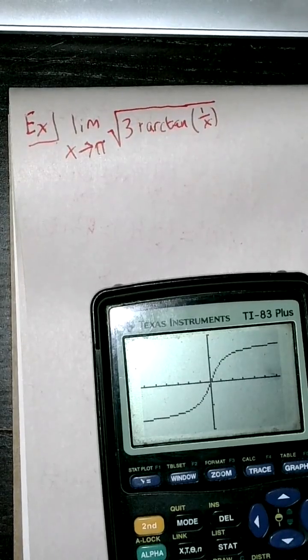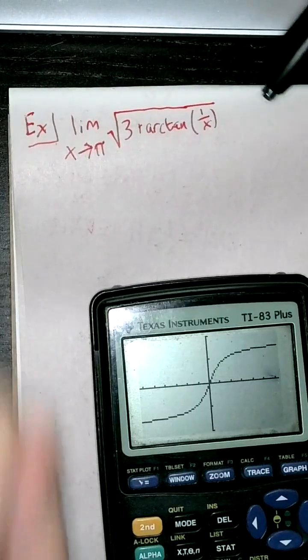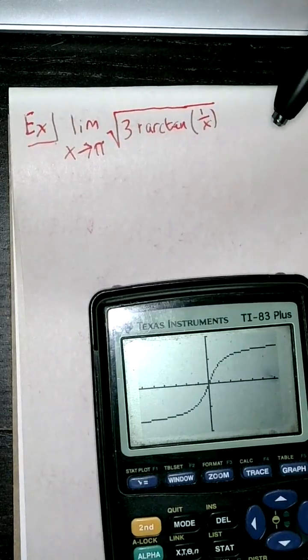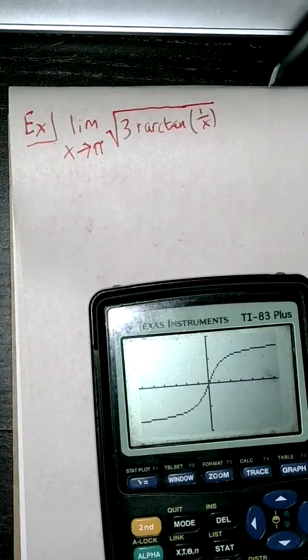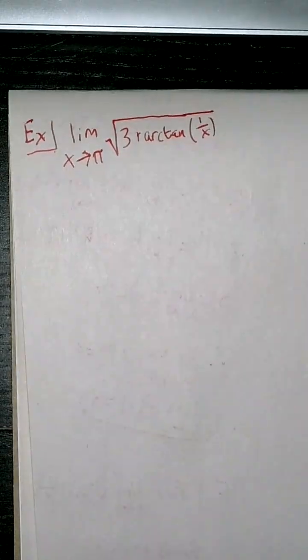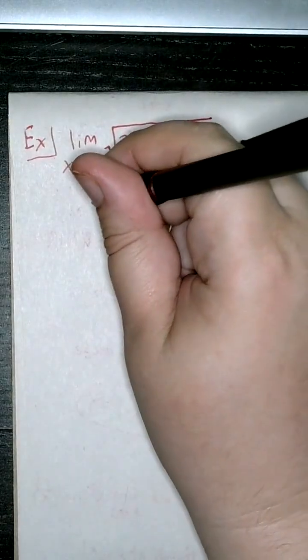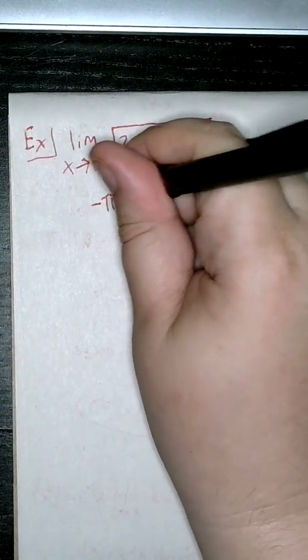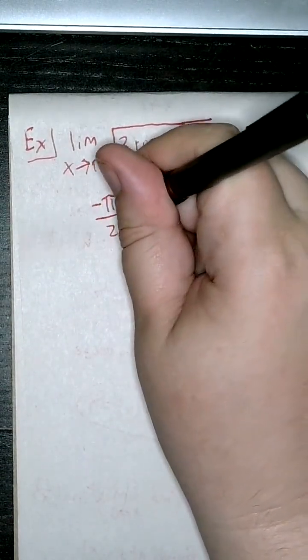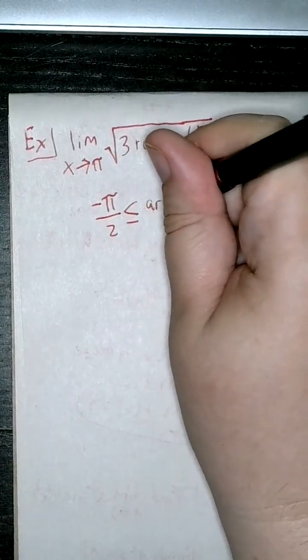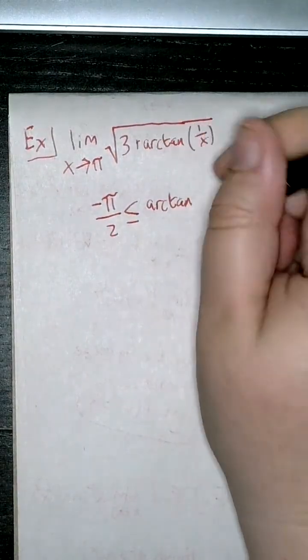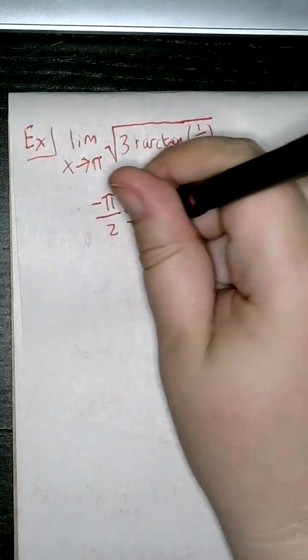Oh, that's right. It's negative pi over 2 to pi over 2. Right. So we know that arctan is on the open interval, so it can't equal.